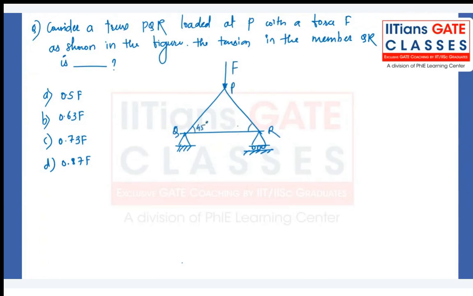So PQR is a truss and it is loaded at point P with a force F as shown in this figure. And what they are asking is the tension in the member QR. So let me highlight the member as well. Solve this problem and tell me the answer. I'll give you 2-3 minutes and I'll wait for your reply here.